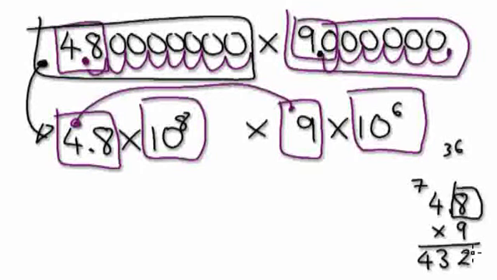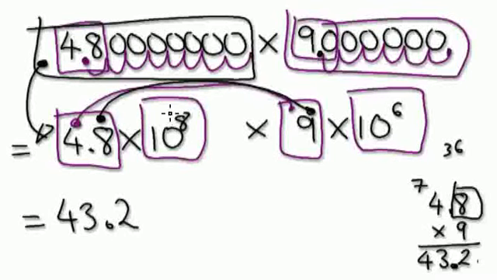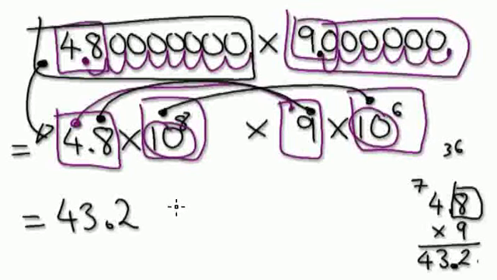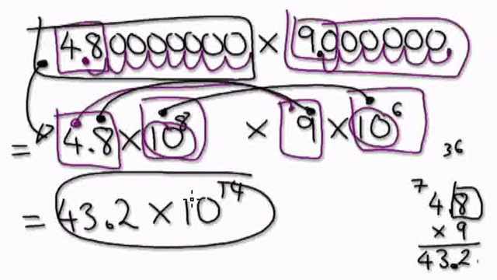But here we've got one decimal place, so the decimal was here, let's move it here. So this will be your answer: 43.2. So this times this would be 43.2, and now get this times this. The two tens are the same, so it will be times 10 to the power of 14. So this here would be your final answer.